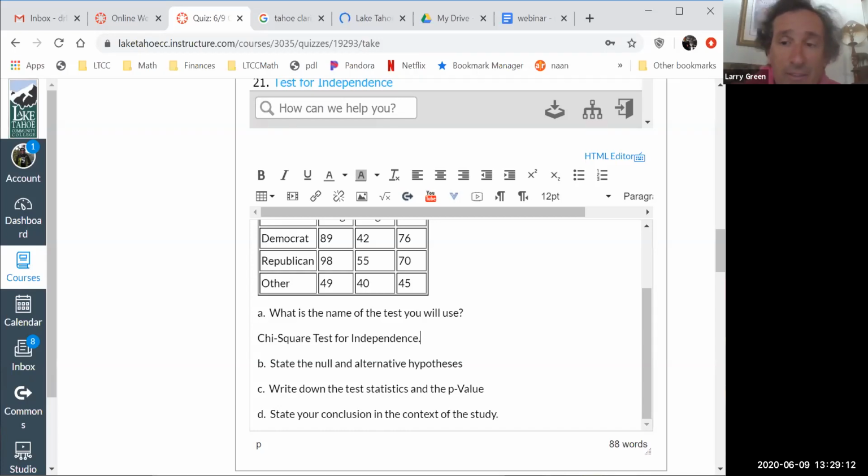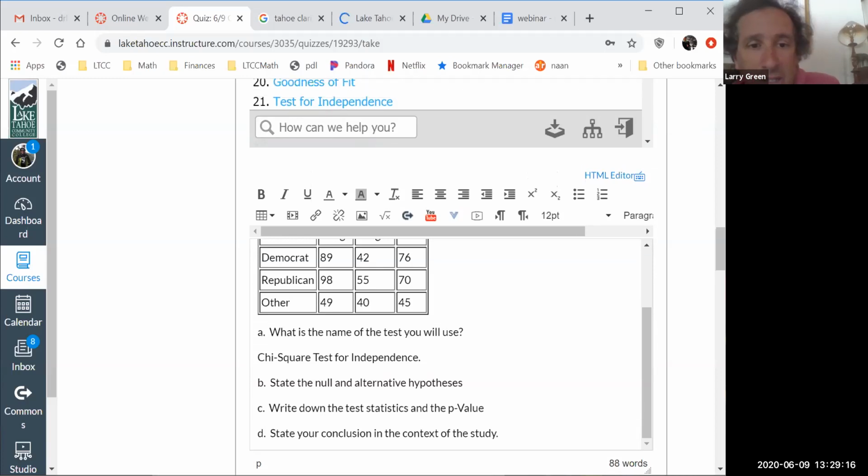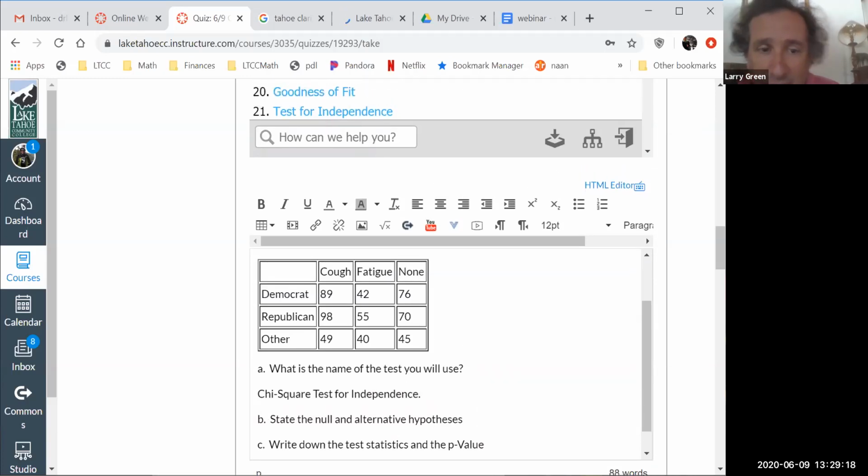This is definitely two qualitative variables. The first variable is what's your political affiliation, and you might say Democrat. That's a word, not a number. It's not yes or no. And the second question might be, what was your symptom? And you might say, I was coughing. That's a word. You wouldn't say 7.